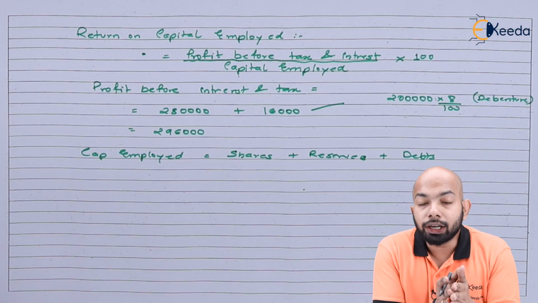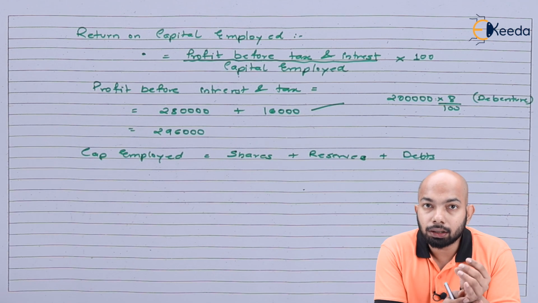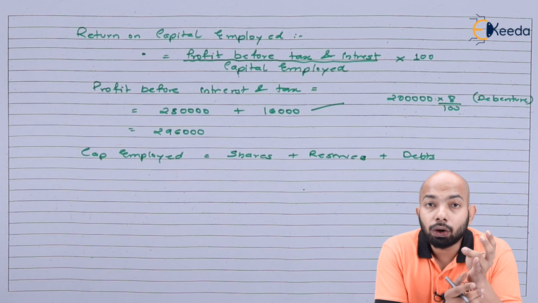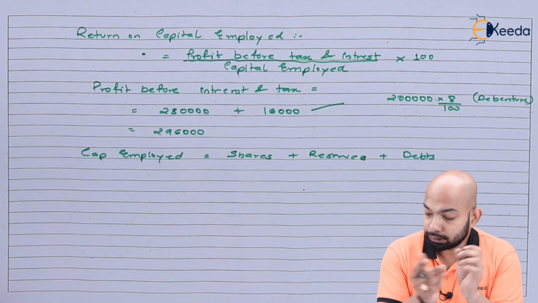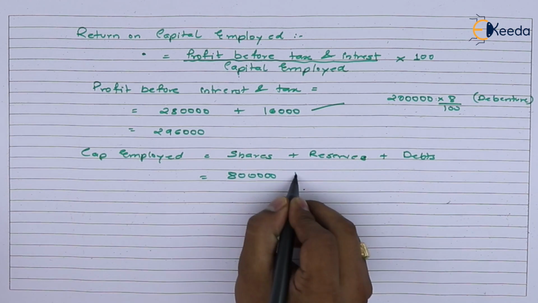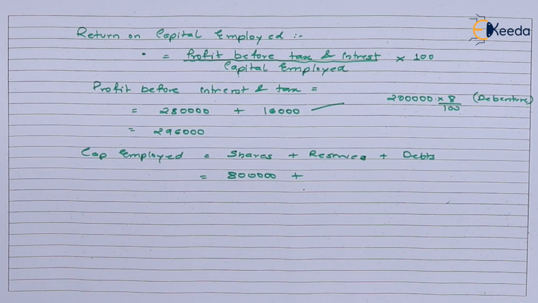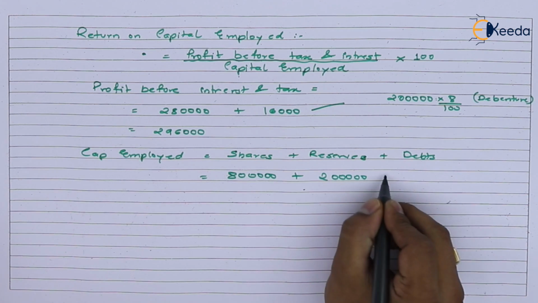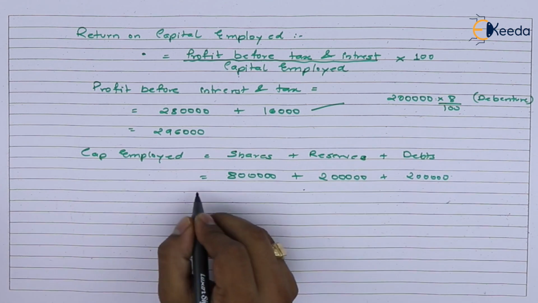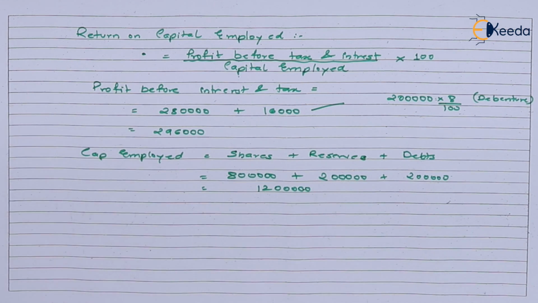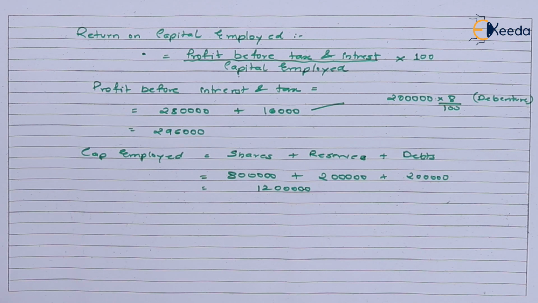Capital employed, the formula is shares plus reserves plus debt. In this specific problem, we have shares worth rupees 8 lakhs. We have reserves worth rupees 2 lakhs. And the long-term debts we have are 8% debentures of 2 lakhs. So that means capital employed is 12 lakh rupees.